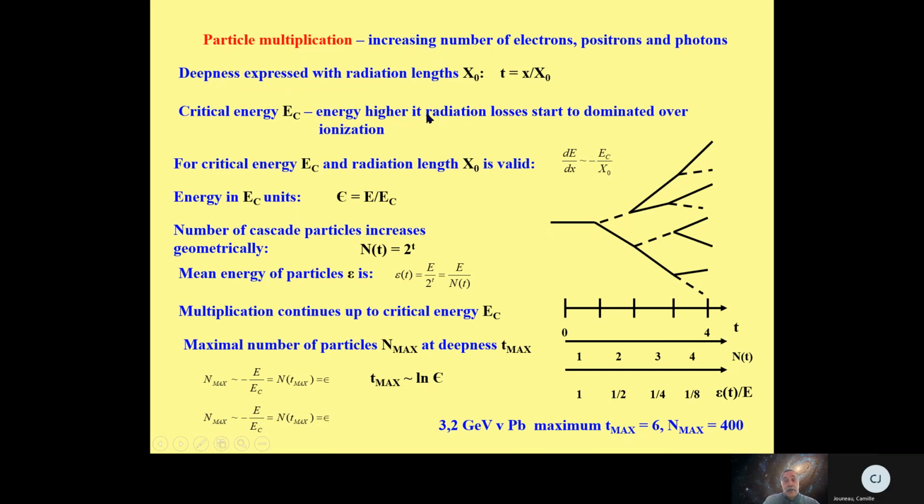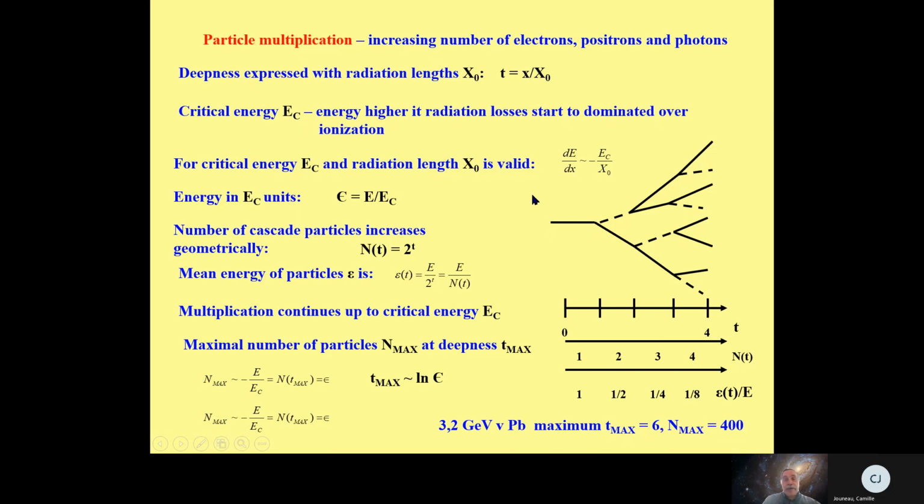If energy is higher than the critical energy, radiation losses start to dominate over ionization. For higher energy, you have domination of radiation losses. For lower energy, you have domination of ionization. This is for the critical energy and radiation length.